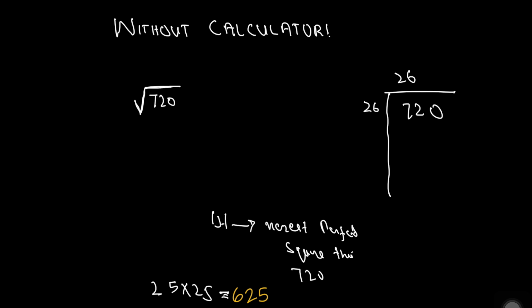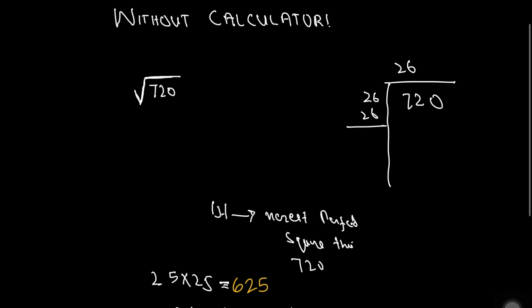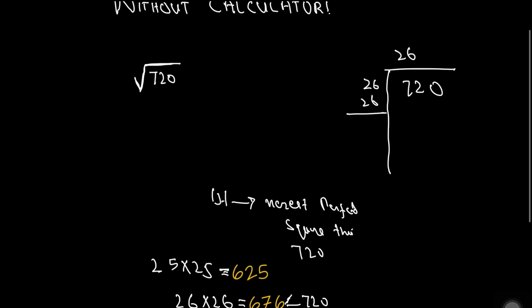So now we choose 26, one time 26. Here we write 26 times 26, and here we write the 720, 676, sorry.